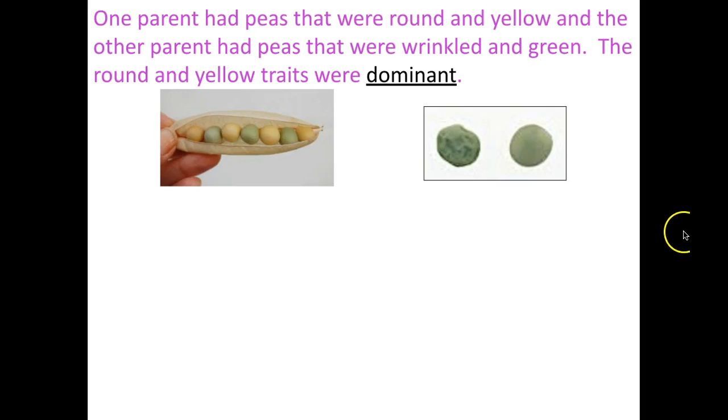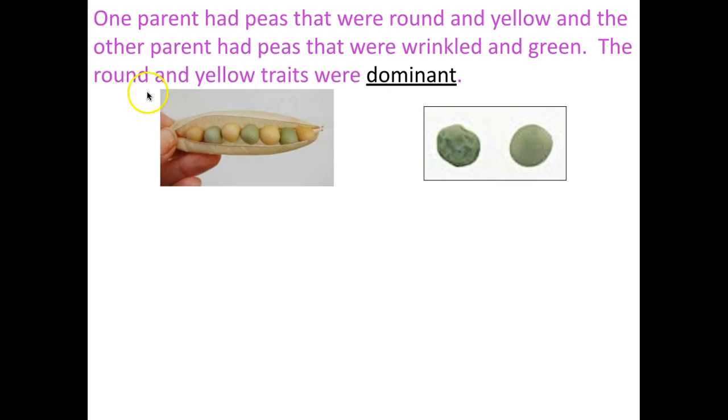So he compared round seeds and wrinkled seeds, yellow seeds and green seeds. So one parent had peas that were round and yellow. As you can see the difference between round seed here, yellow seed here, and wrinkled seed here. And then he crossed that with a parent that had wrinkled green seeds.